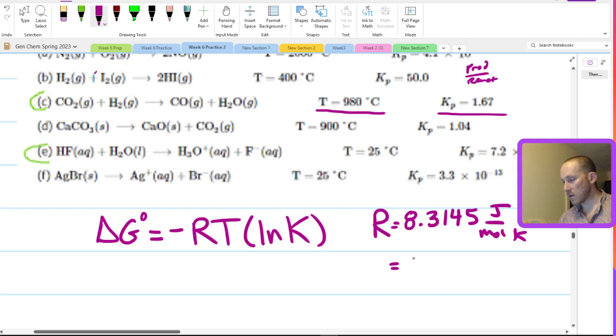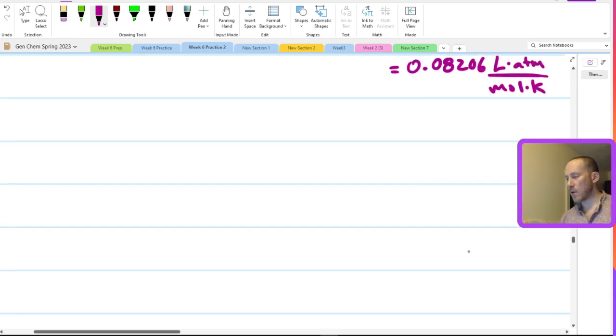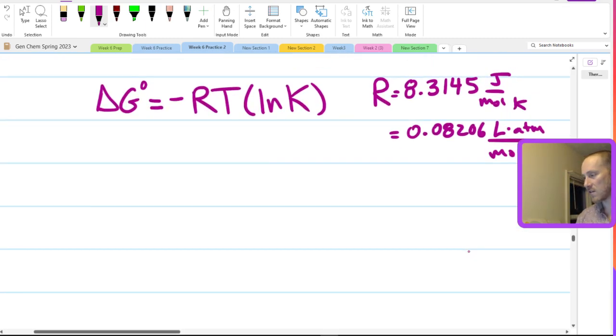Another one that you might know uses different units, but still the same thing. Liter atmospheres per mole Kelvin. Those are both versions of R. And there's other ones that use bars and that use pascals and this, that, the other thing.